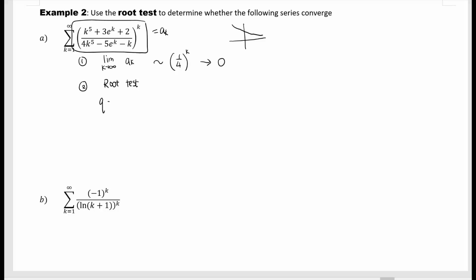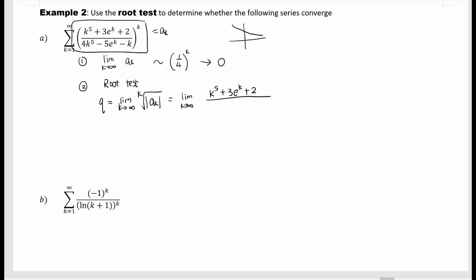So root test, we have the q for the root, so r for the ratio, and q for the root. Okay, so it's the limit, and then you take the k-th root of a sub k, absolute value. But here, because it's positive, you don't need the absolute value. So what is that? So we have k to the fifth plus 3 e to the k plus 2.